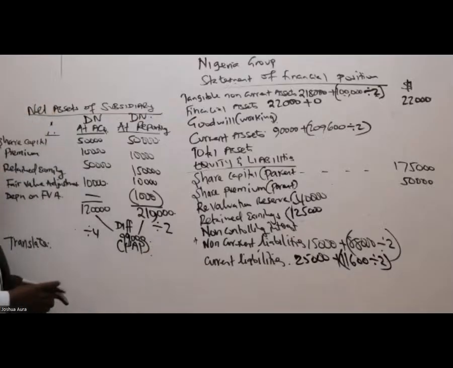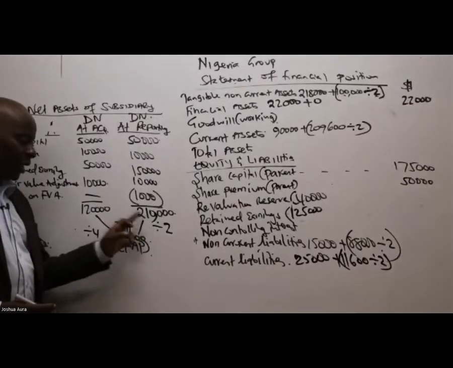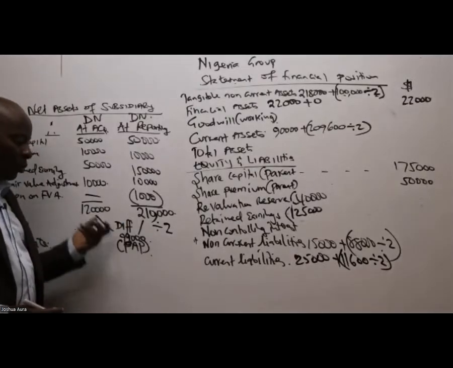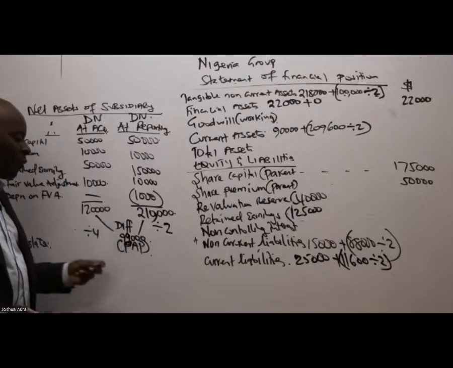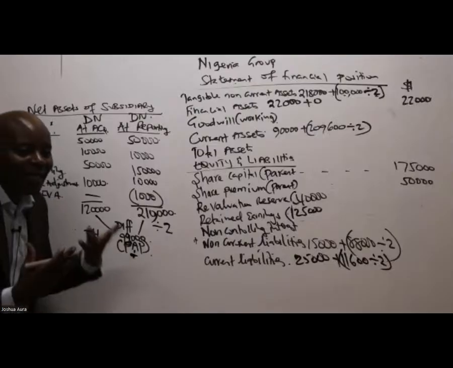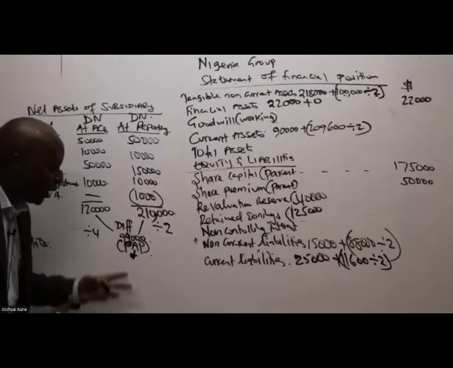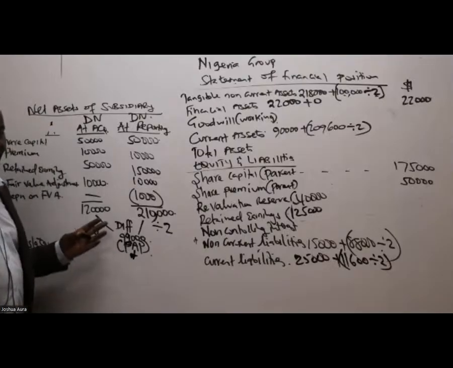And then listen to me very well. Remember, we have some post-acquisition profit. When we subtracted this and this, we got a post-acquisition profit. It's a profit, an income statement item. Profit is always translated using the average rate.